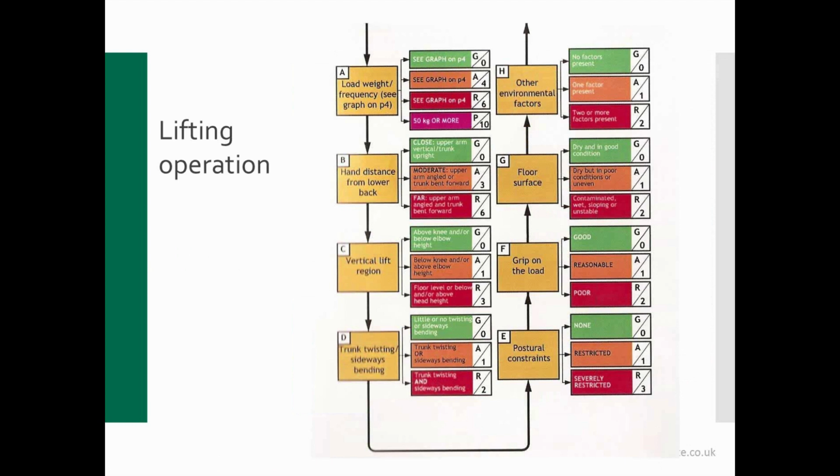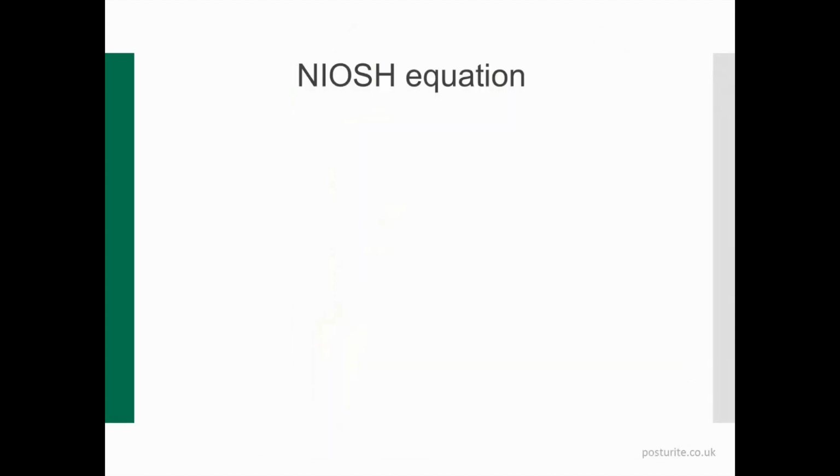So you've got all of those points in there that you categorize in terms of them being something that concerns you as an amber score, perhaps, or that you're particularly concerned by it, so you give it a red, or if you think it's okay, then you give it a green score. And these, again, produce, at the end of the day, a score for that work activity, which you can set against a scale to see whether or not you think that is something that you need to reduce or you need to improve.